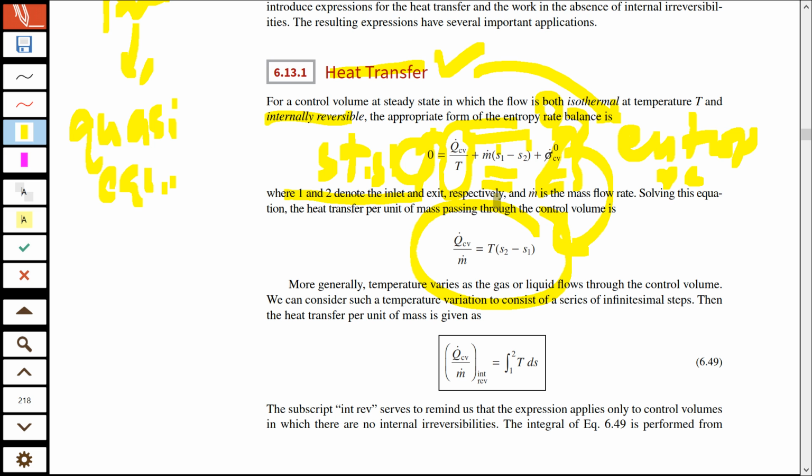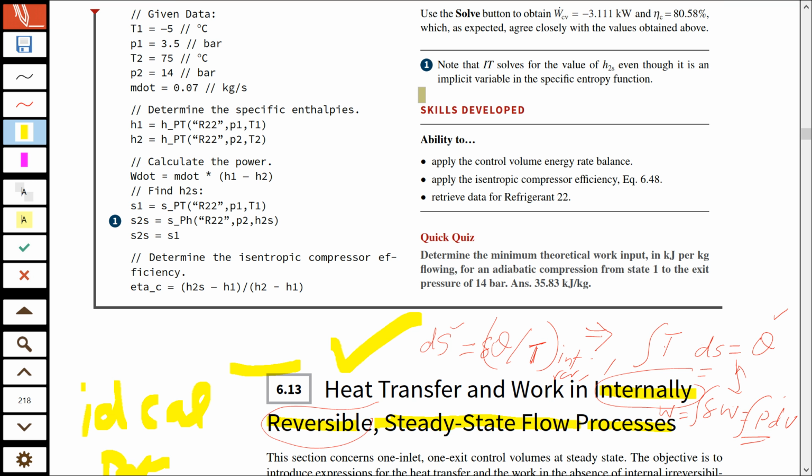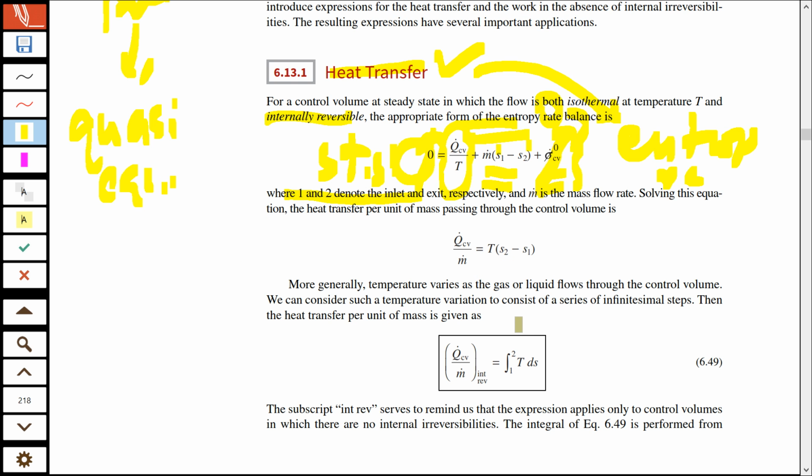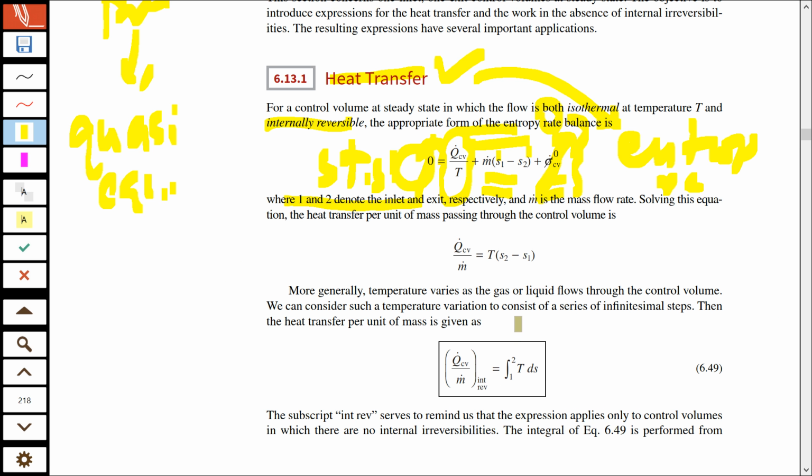Now, this is something which you need to notice, because so far we have not combined these three different concepts. We are combining internally reversible, we are combining steady state flow processes, and we also know that there is a flow process.